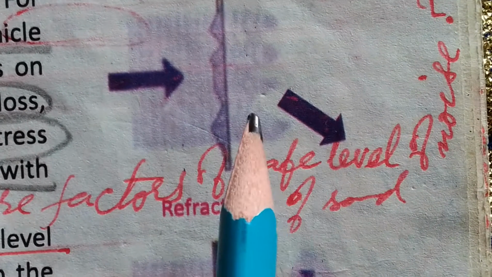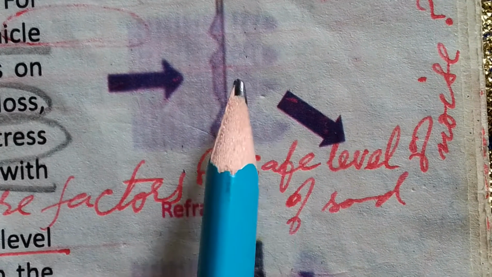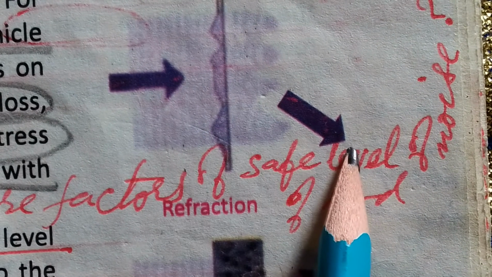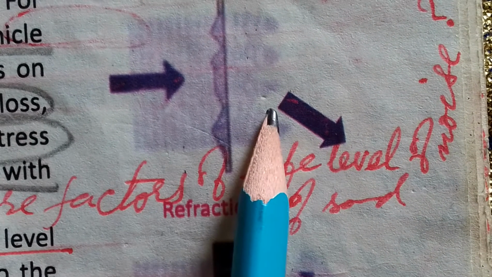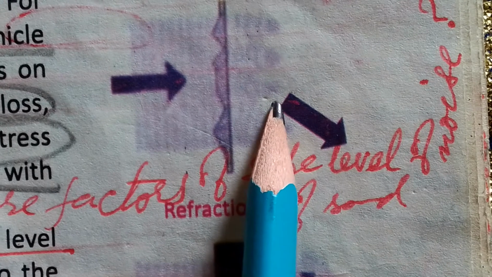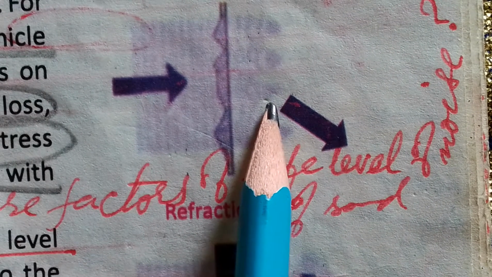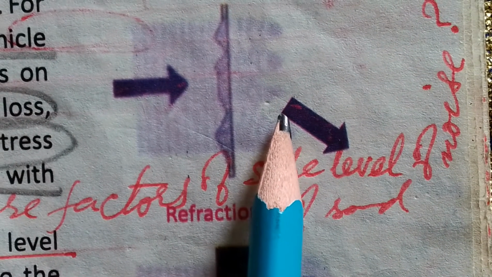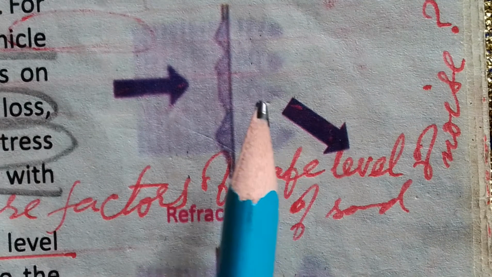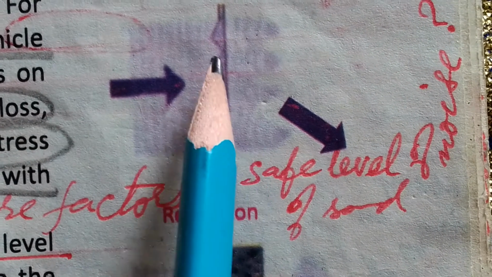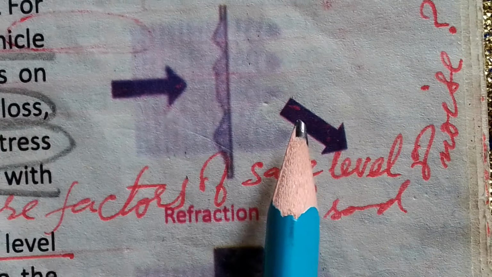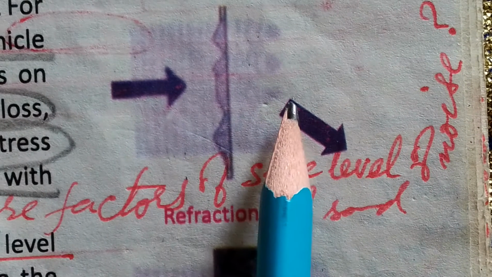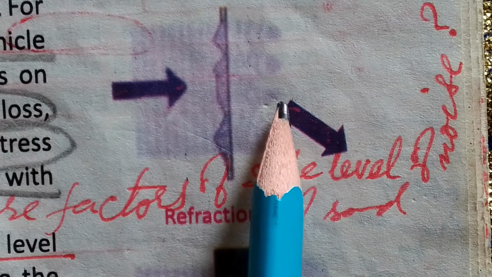There we note two things: change in direction and change in speed. You do not have to describe any experiment over here in this chapter, because we have studied the change in speed in different mediums in the chapter of waves.